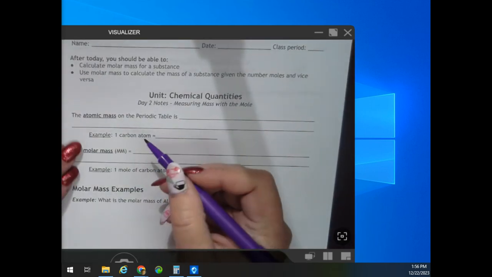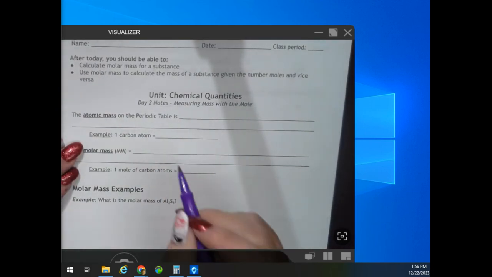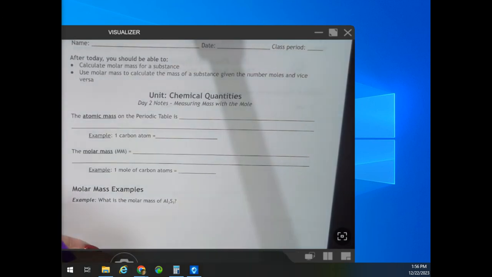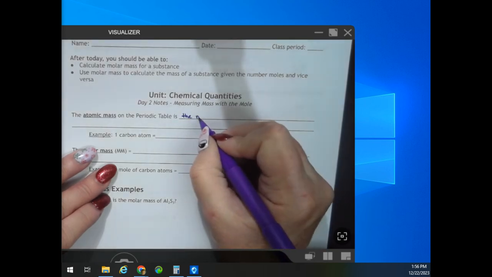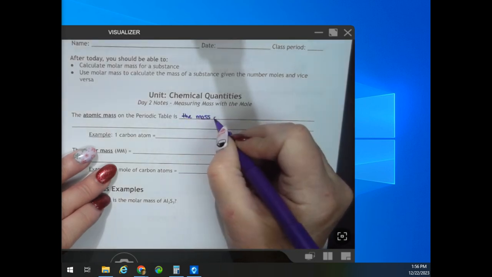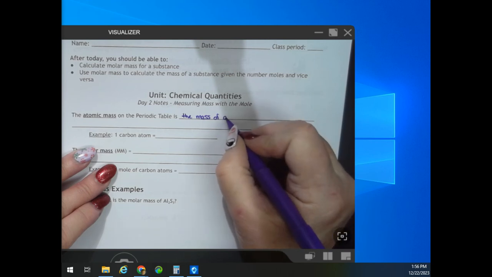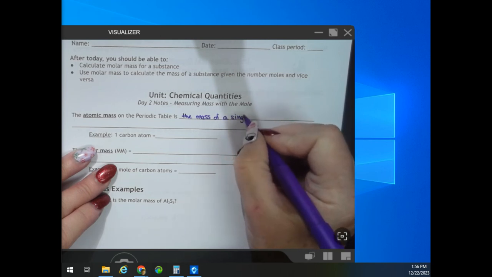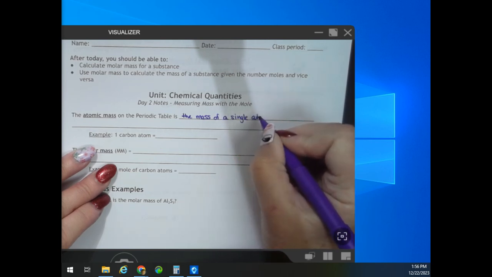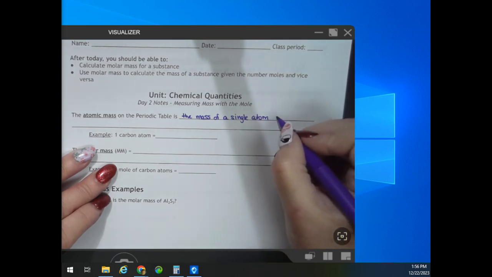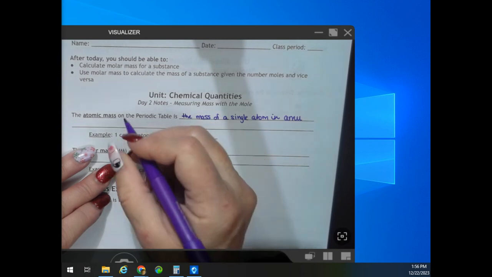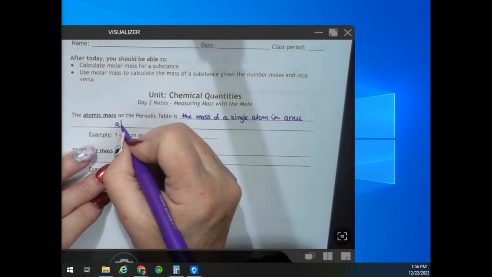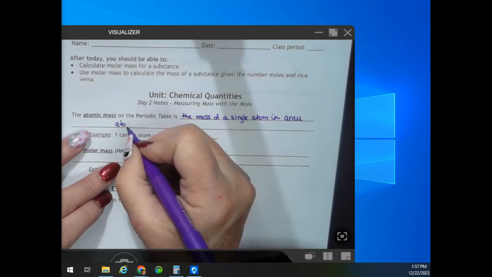Okay, atomic mass. Atomic mass is on the periodic table. This is the mass of a single atom using units of AMU, which, if you remember, we talked about when we were calculating average atomic mass.